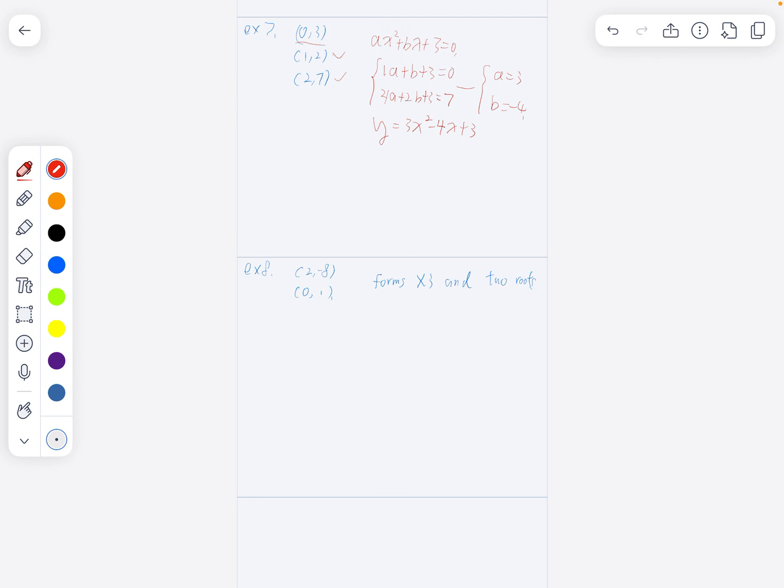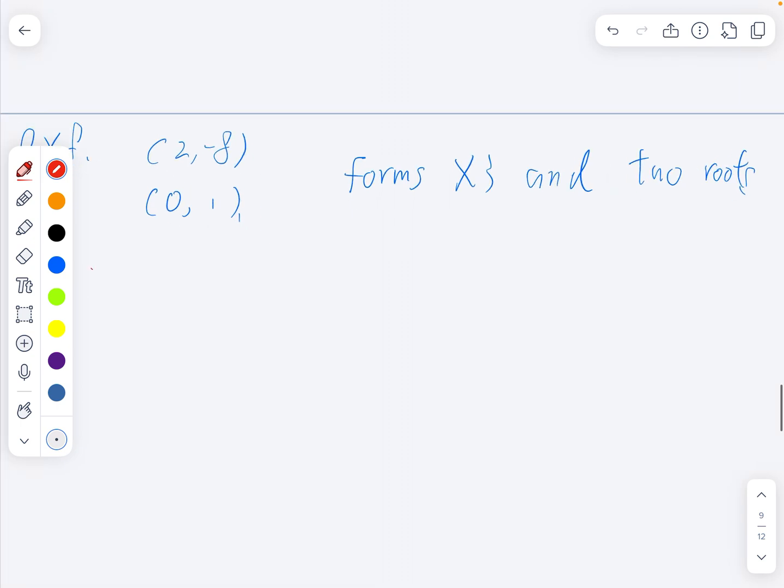Now the final one is to use the form and find two roots. So the vertex form is this one.